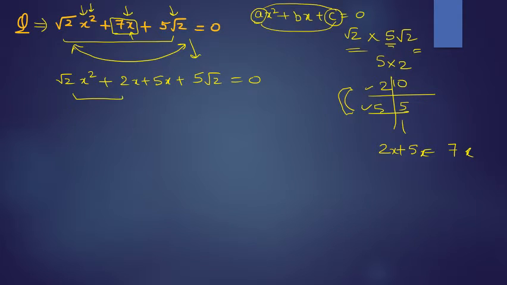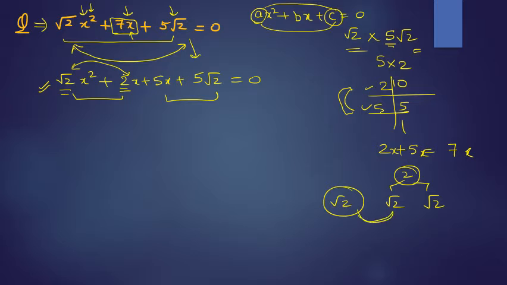Now what you need to do, just divide it into two parts and take common if anything can be common. So here is root 2 and here is 2, but 2 is formed from root 2 and root 2, correct? So what you can take out as common?